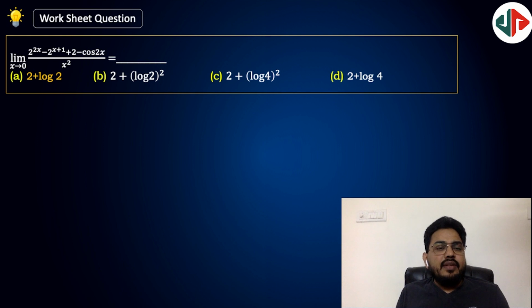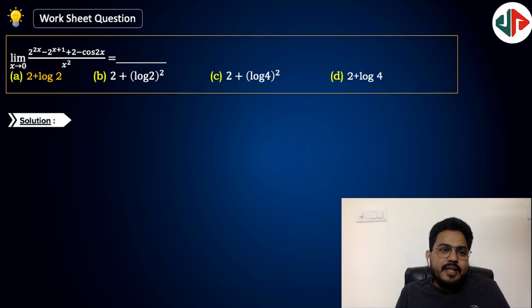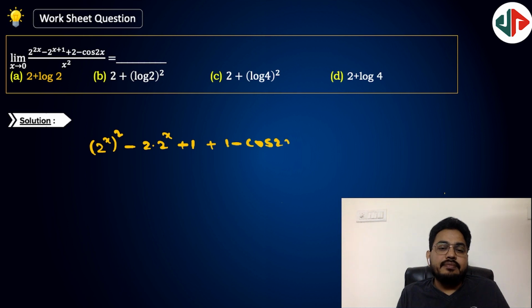Limit x tending to 0, 2 to the power of x, etc. So here what I will do is write 2 power x whole square minus 2 into 2 power x plus 1, plus 1 minus cos 2x, and I will write x square here.